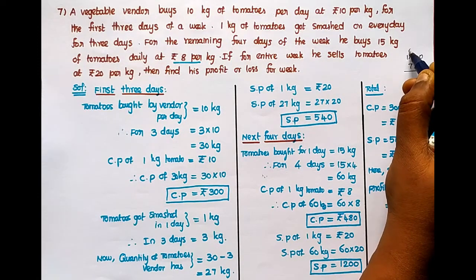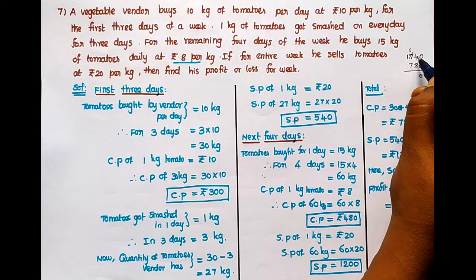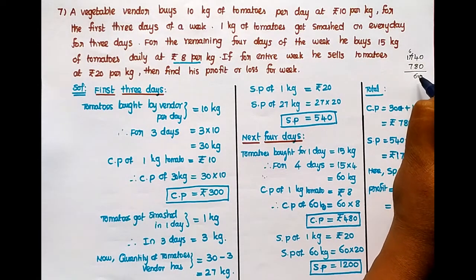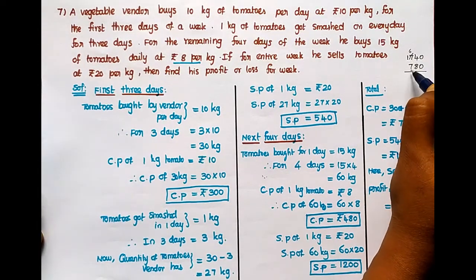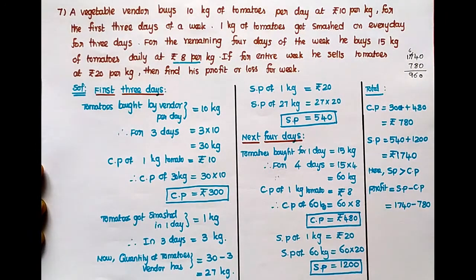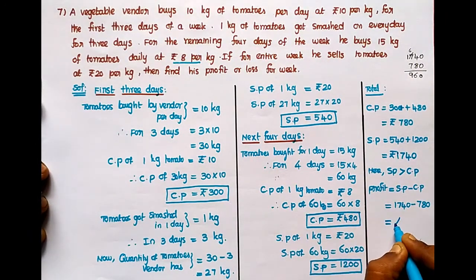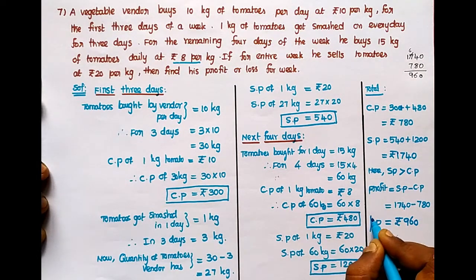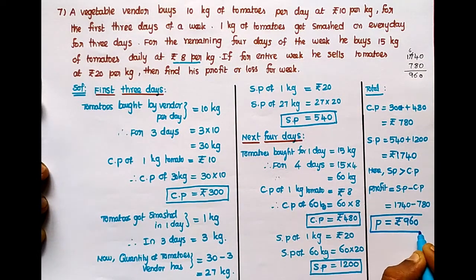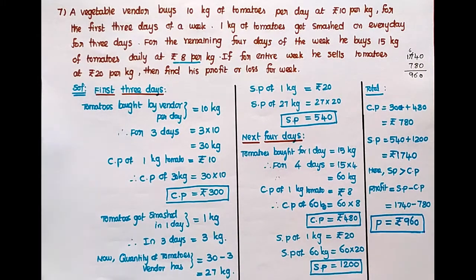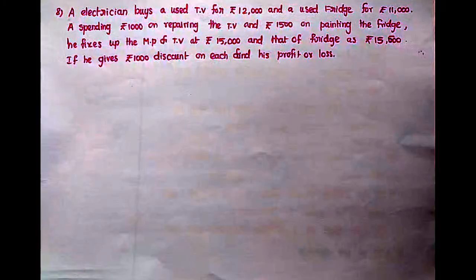So from here we borrow 1. So it becomes 14. 14 minus 8, 6. 16 minus 7, 9. That is 960. So his profit is rupees 960. That is the answer. Eighth sum.